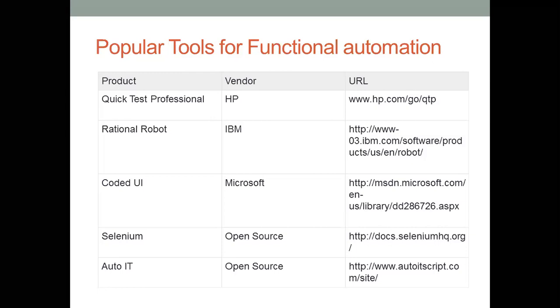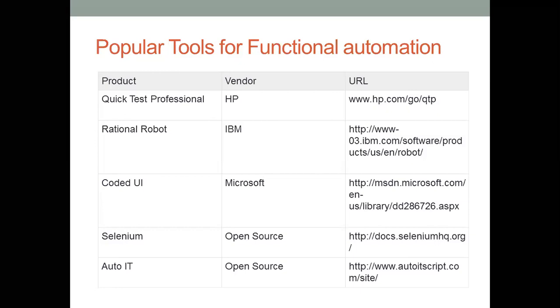So which are those? First is the HP Quick Test Professional. The HP company has developed that tool, and using the HP website you can get the information about it: www.hp.com/go/QTP. So the short form is QTP. Q for quick, T for test, P for professional.